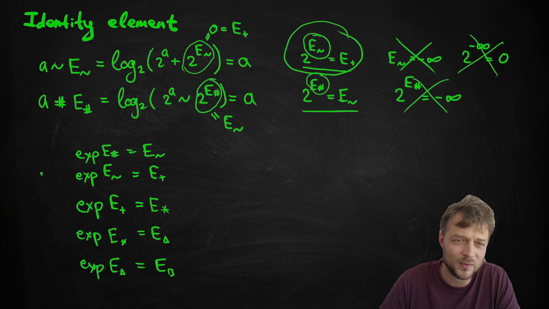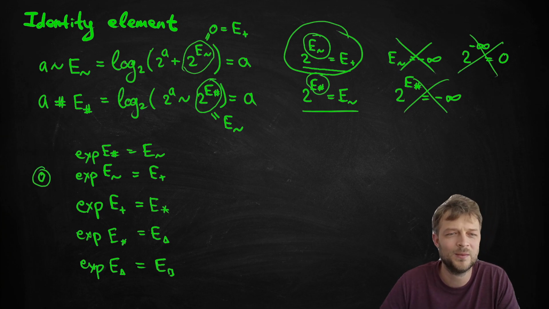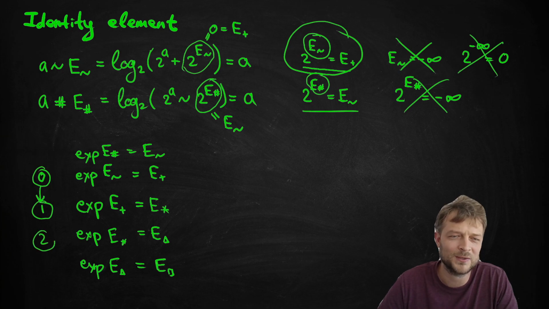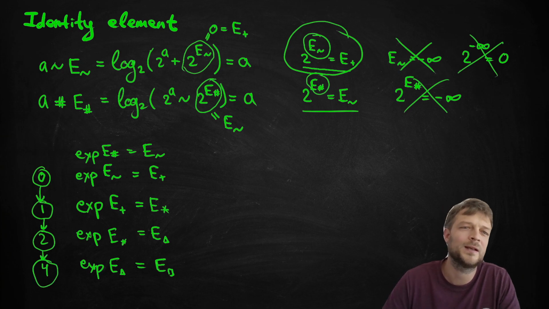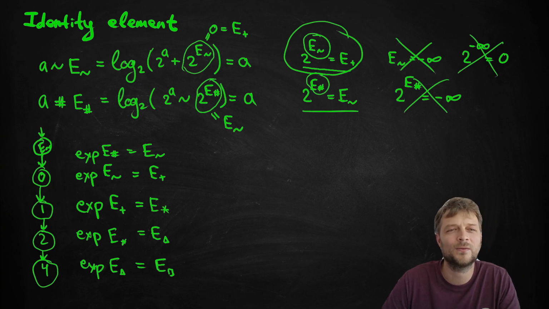For example, E plus has special notation 0, E multiply has special notation 1, and here we had special notation like 2, and here we may say that this is 4, but here we don't have a special notation, so we will just use E tilde, and so forth.